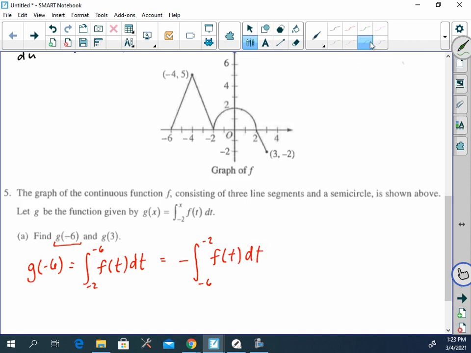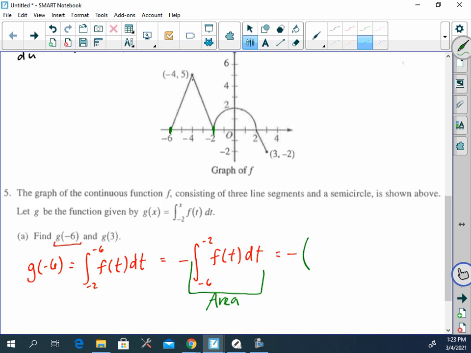And then I want to find this here, which is just our area. Remember, if it's below the x-axis, we treat it as a negative, and if it's above, we treat it as a positive. So we have the negative sitting out front, and then we figure out what the area is from negative 6 to negative 2.